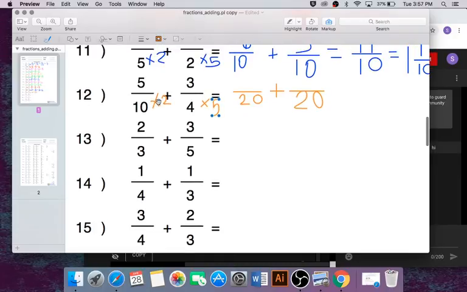Okay. So we multiplied 10 times 2 to get 20, so we're going to multiply 5 times 2, which is 10.